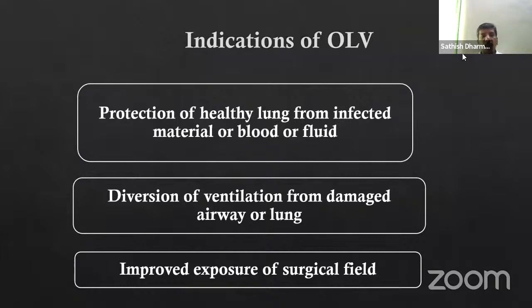The next one is diversion of ventilation from a damaged airway or lung, like bronchopleural fistula, bronchopleural cutaneous fistula, or any other air leaks. And the next important one is improved exposure of the surgical field, like video assisted thoracoscopic procedures or minimally invasive cardiac surgeries where you need to deflate your lung, whichever side the surgeon is operating.